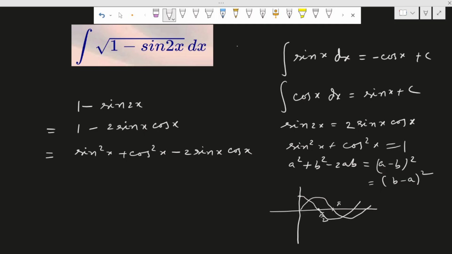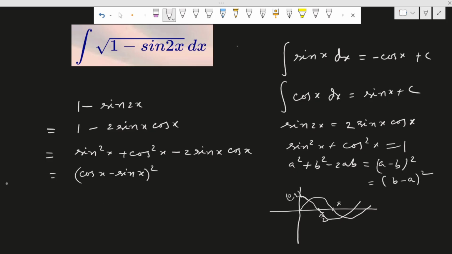This is 0 comma 1. See, at the starting time cos x is greater than sin x. So generally we write here cos x minus sin x whole square, because at the starting time the graph of cos x remains in the upper portion, that is the upper part.